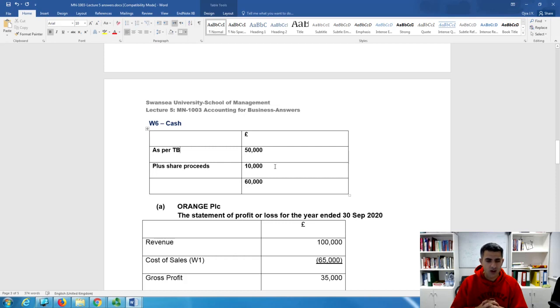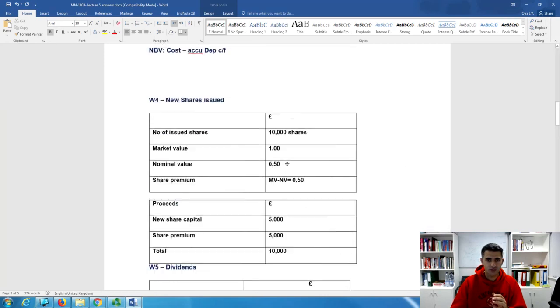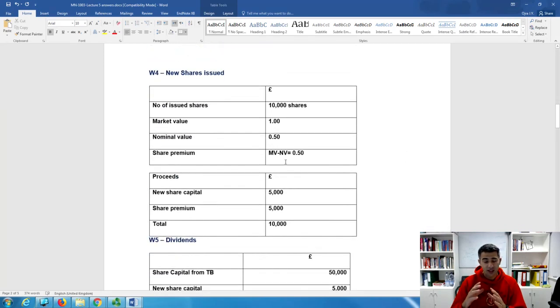So now, why do we need to do workings for cash? Very simple. Do you remember when the business issued shares at market value in W4, the one we did? When they issued 10,000 shares in the market, this means at £1 the market value.